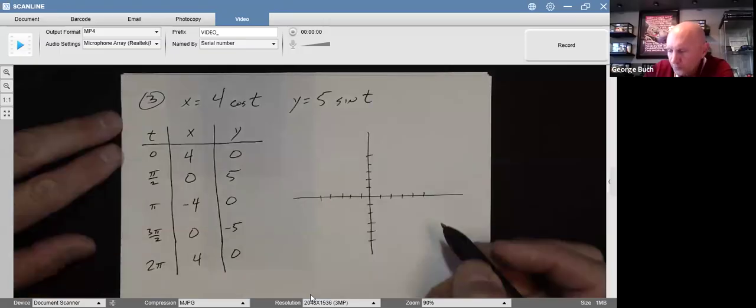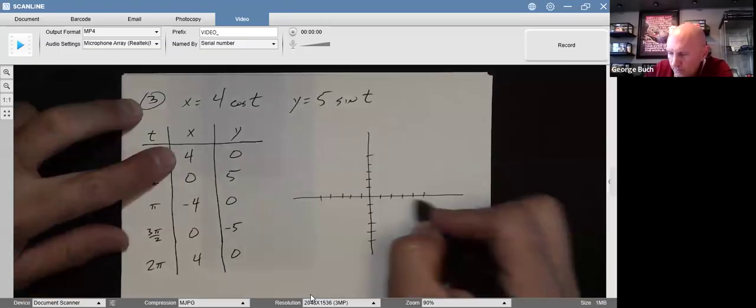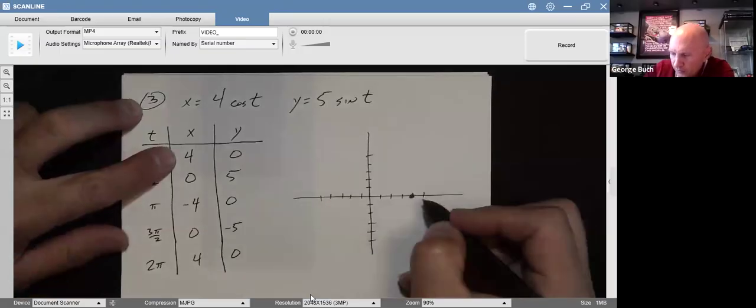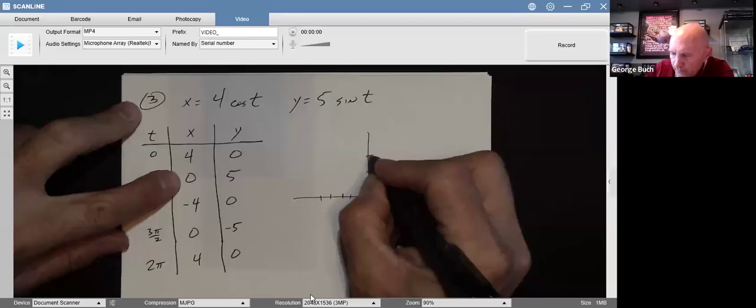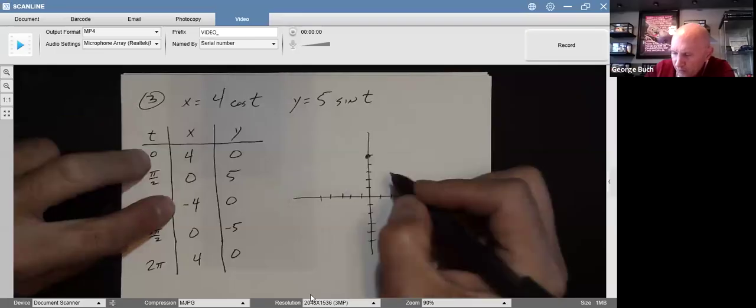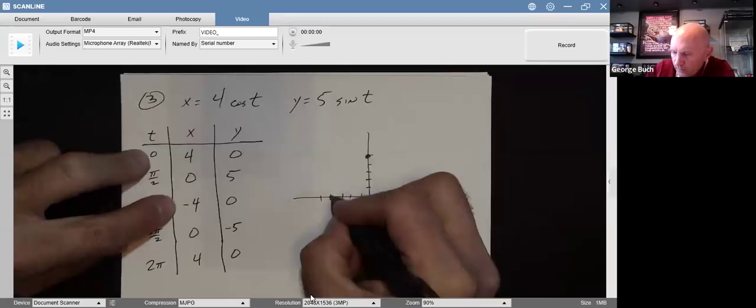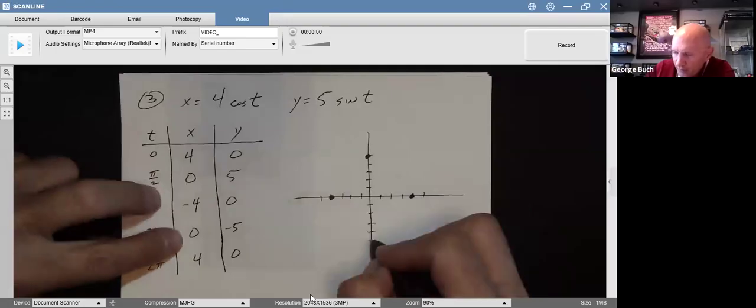So our first point is 4, 0. Our next point is 0, 5. Our next point is -4, 0, 0, -5, and then back to 4, 0.